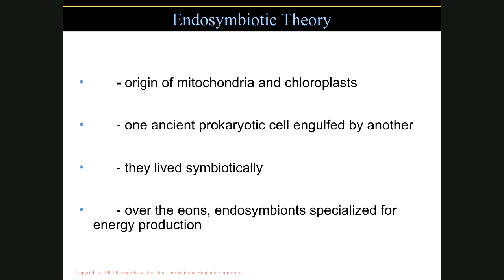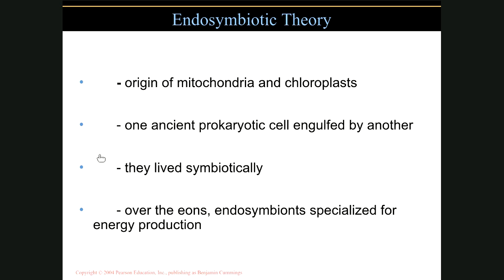So the endosymbiotic theory does try to explain the origin of mitochondria and chloroplasts. One cell swallowed another a long time ago. They learned to live together. And the cell that got swallowed specialized for energy production, either as a mitochondrion or a photosynthetic chloroplast. So we can thank that rare event for leading to the evolution of eukaryotic cells and then multicellular organisms, right?